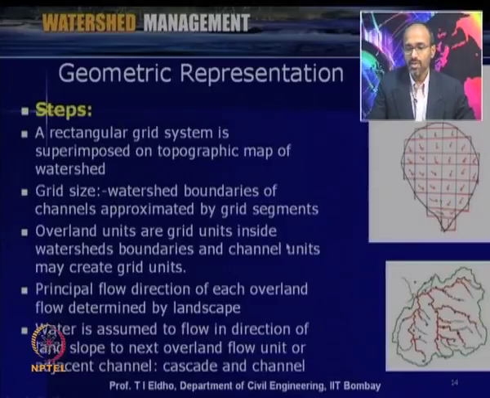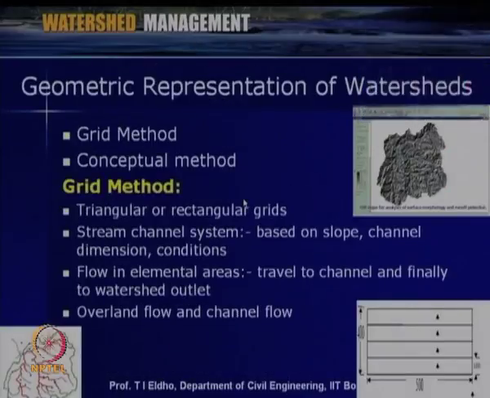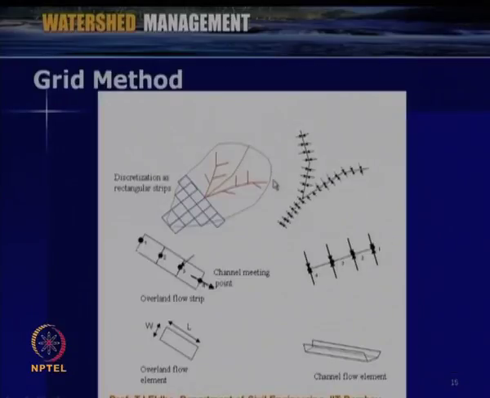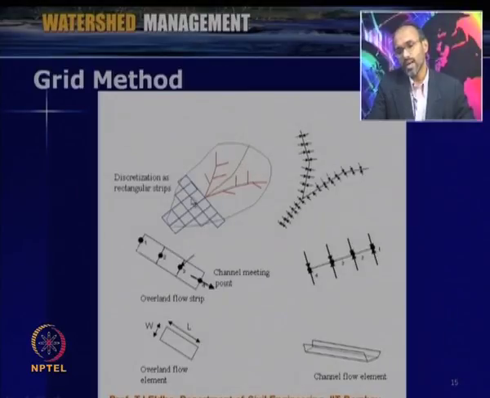In the grid representation, we have already seen the grid method earlier. The grid method has the following steps as far as the geometric representation is concerned. If this is our watershed, the overland flow is considered as various grids, either one dimensional strips or two dimensional grids.